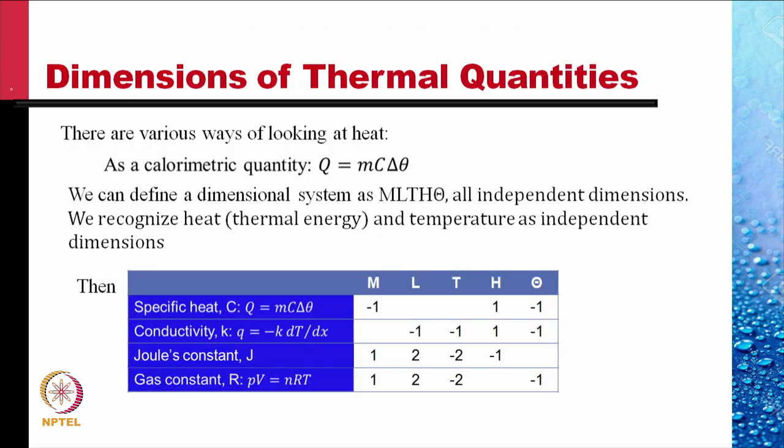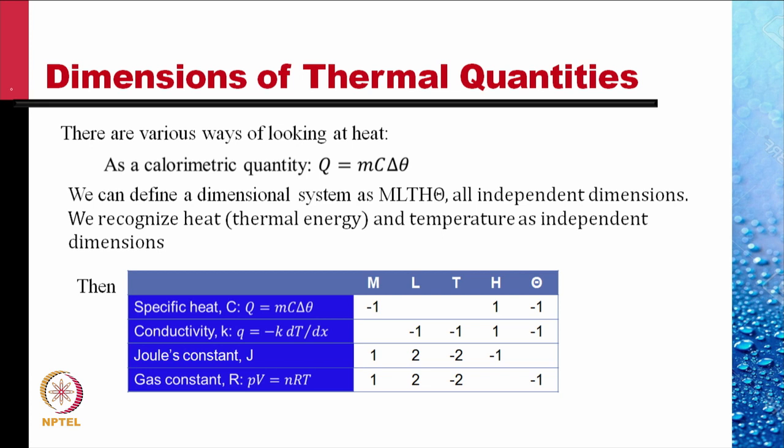Let's now elaborate a bit on the dimensions of thermal quantities. This again presents us various options. First is the option when the mechanics and thermal quantities are quite separate. There is no conversion of work into heat energy.